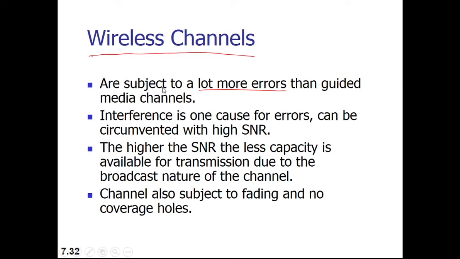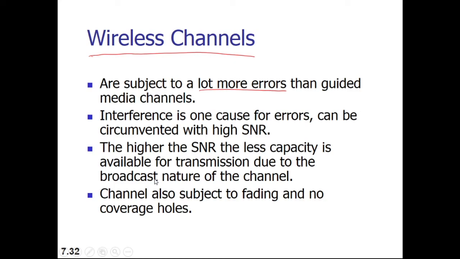Here everything is open, the space is our medium, so the signal can face lots of error and noise can hamper it. So this is the first thing: it has a lot more errors. You should know the difference between guided media and unguided media.